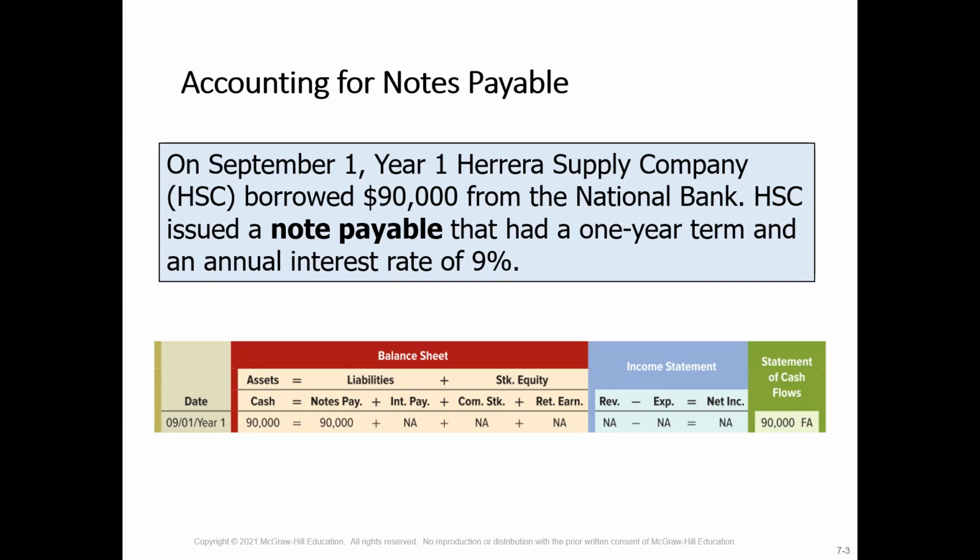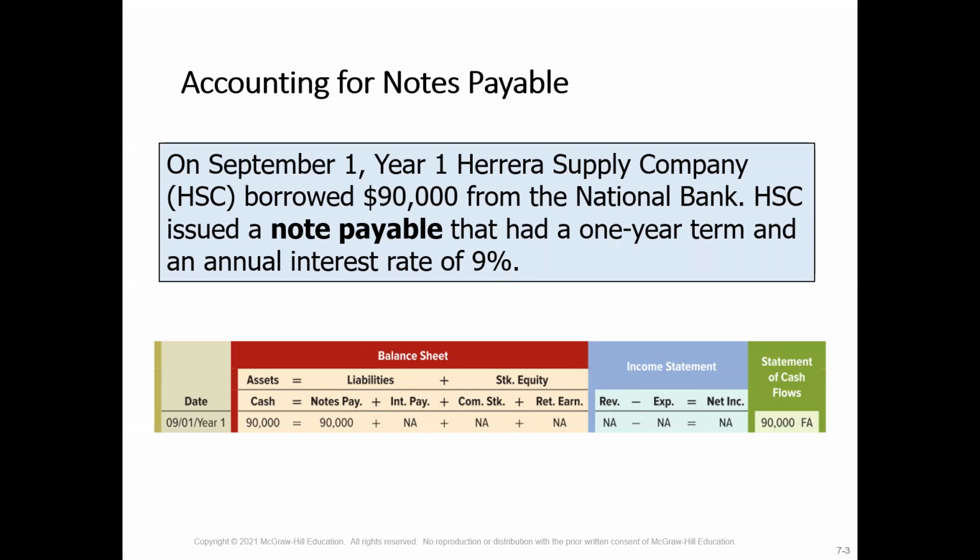So notes payable in this instance, you would be dealing with the company who is borrowing money, not the company who's loaning money. So Herrera Supply Company borrowed $90,000 from the bank. A lot of that going on last year. So how would Herrera account for that obligation to pay the bank?